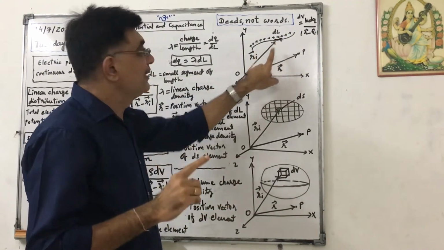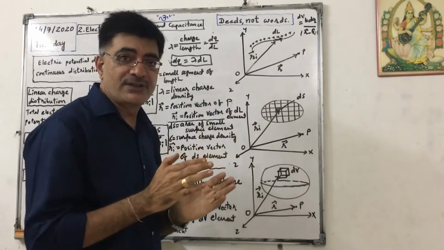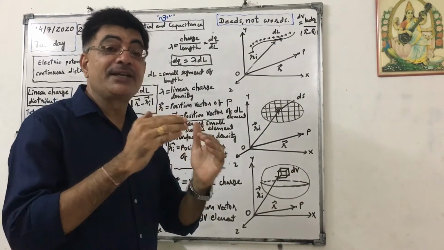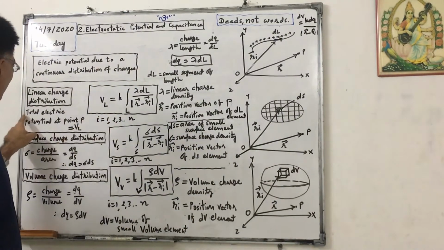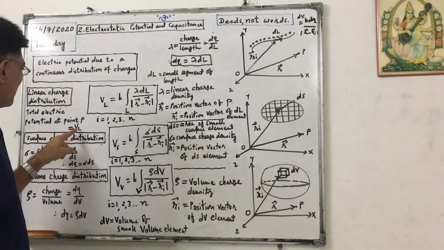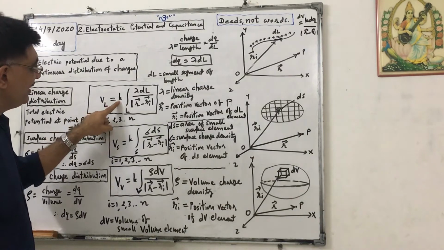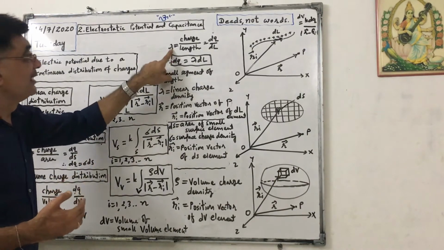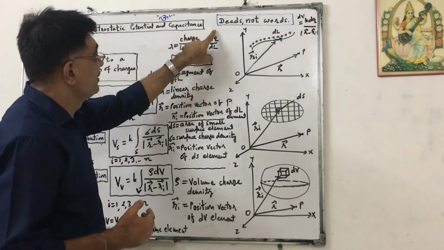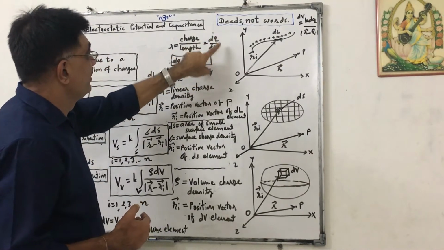But I have to find the total electric potential, so I have to integrate. That is called line integration. So this is the formula. Total electric potential at point P, VL, equals K into integration of dq, where lambda equals charge upon length, so it is dq upon dl, so I can write dq equals lambda dl.